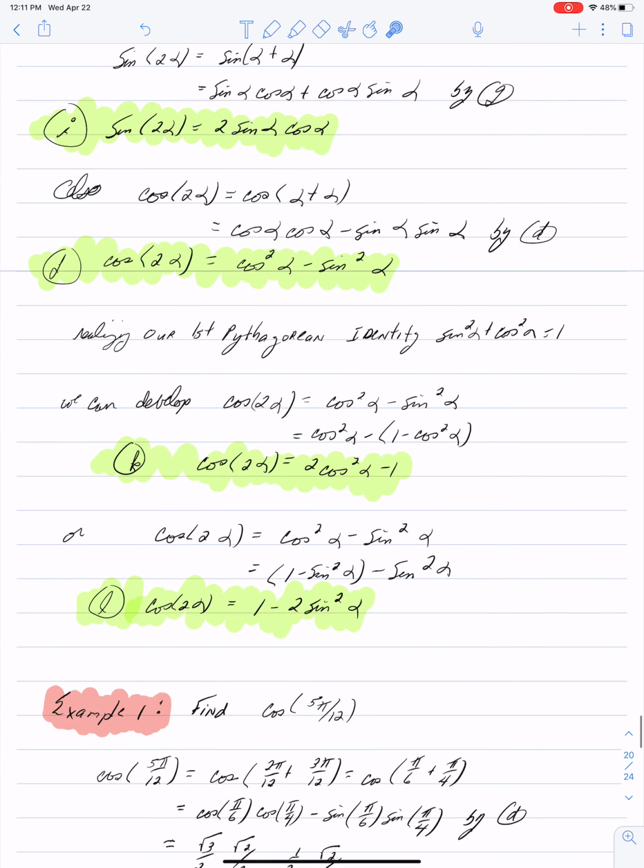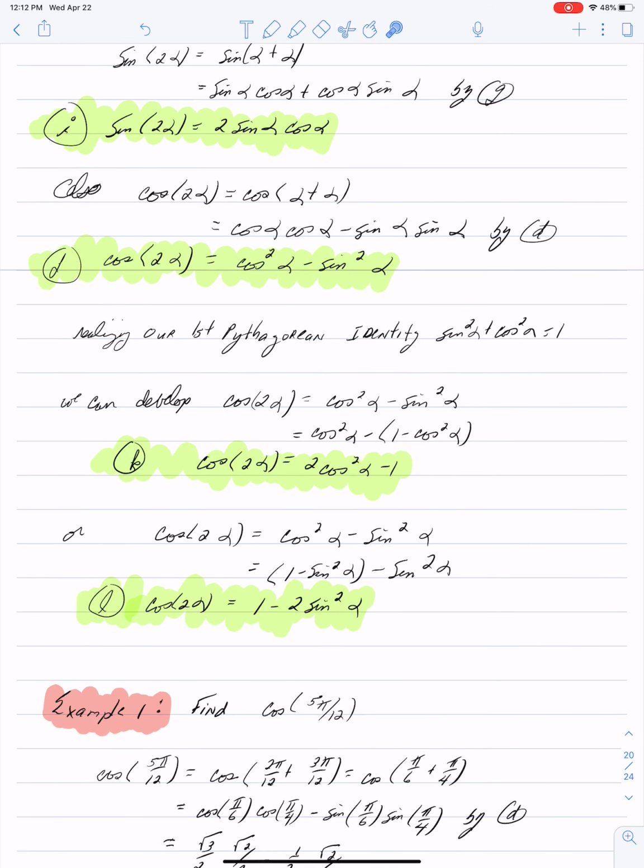Now, there are a couple more double angle formulas for the cosine, and they all come from our famous Pythagorean identity, sine squared plus cosine squared is 1. So let's start with cosine 2 alpha again. Write it as cosine squared alpha minus sine squared alpha, except now let's replace sine squared alpha with, look up here, sine squared alpha can be written as 1 minus cosine squared alpha.